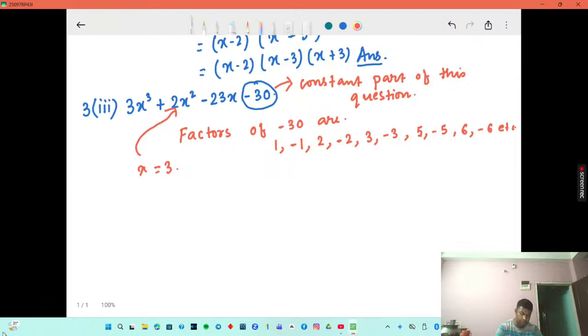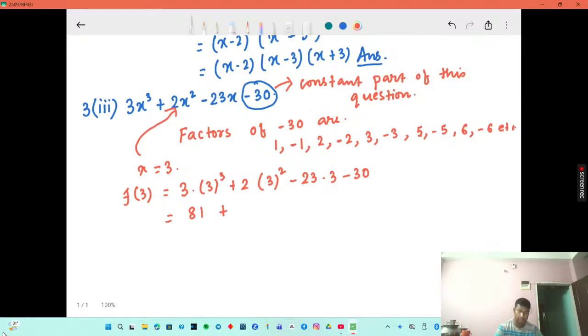Now putting 3 in this, f(3) is equal to 3 into 3 cube plus 2 into 3 square minus 23 into 3 minus 30. 3 cube is 27, and 3 into 27 is 81, plus 3 square is 9, and 9 into 2 will be 18, minus 23 into 3 will be 69, minus 30.